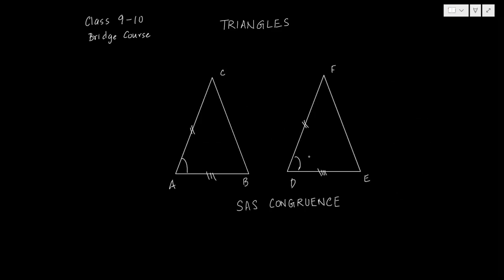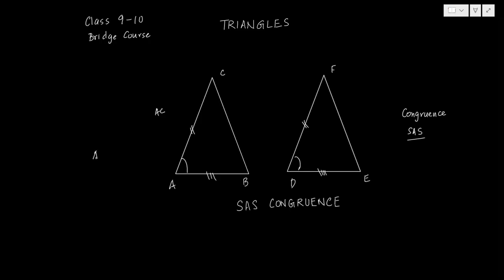Okay, so there are a few different ways in which you can tell if two triangles are congruent or not. We will talk about them one after the other. The first is what is called SAS congruence. So we have two triangles here, triangle ABC and triangle DEF.